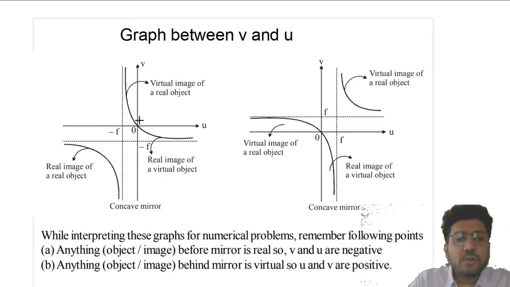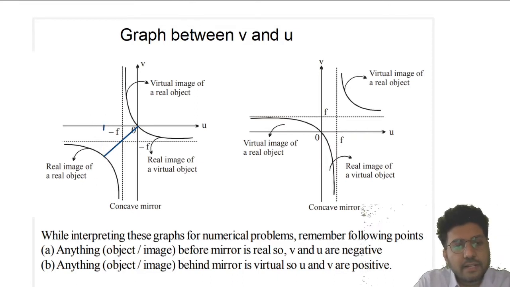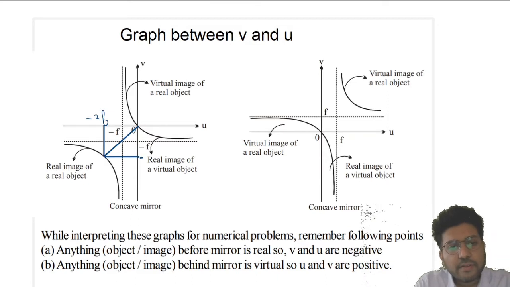You know that when object distance is 2f, image distance is also 2f. That is why when you draw a straight line here at an angle of 45 degrees, you will get it. Object distance is minus 2f, image distance is also minus 2f.